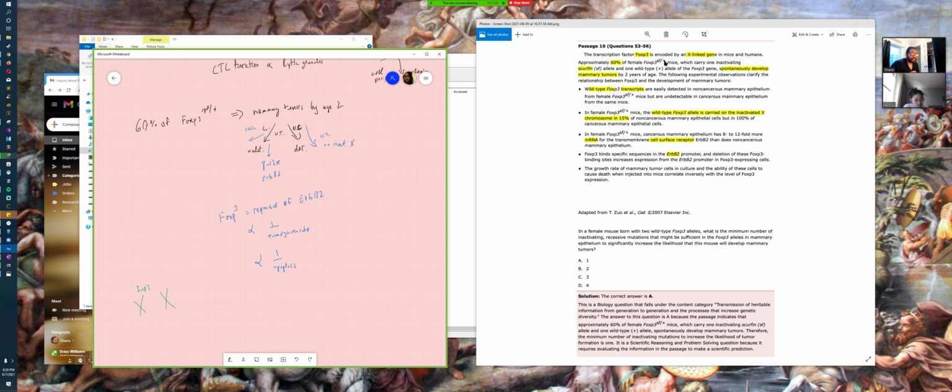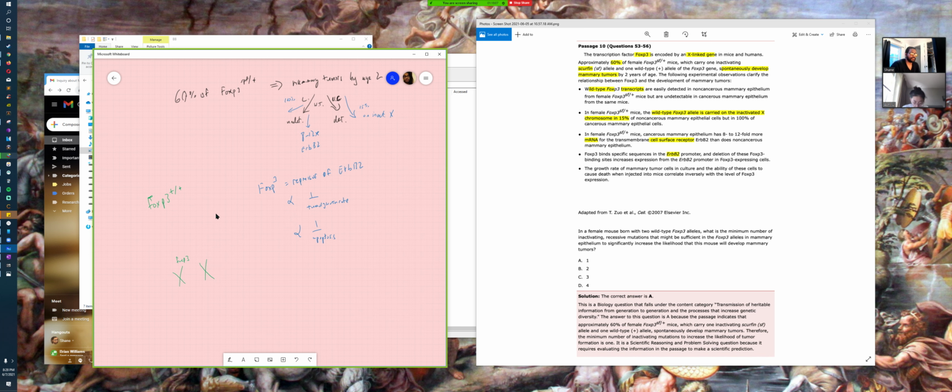So okay, so now in a female mouse born with two wild type FOXP3 alleles, so that's a mouse that is basically FOXP3 plus plus. Oh yeah, yeah. Oh, okay, okay. Yes, yes, yes. Okay, I do see that.